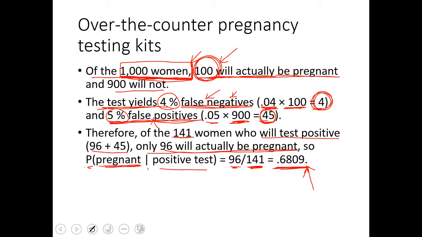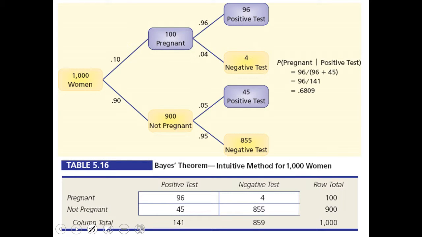So let's repeat this explanation again using a table. Suppose that 1,000 women bought the testing kit. Maybe 100 of them are pregnant, and 900 are not pregnant, and all of them do the testing.